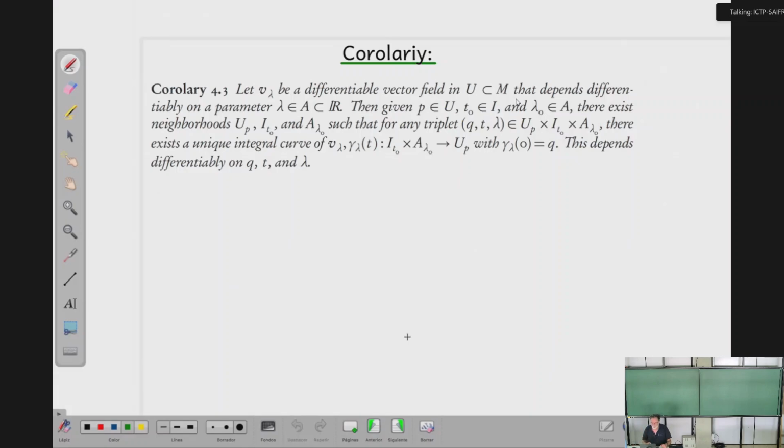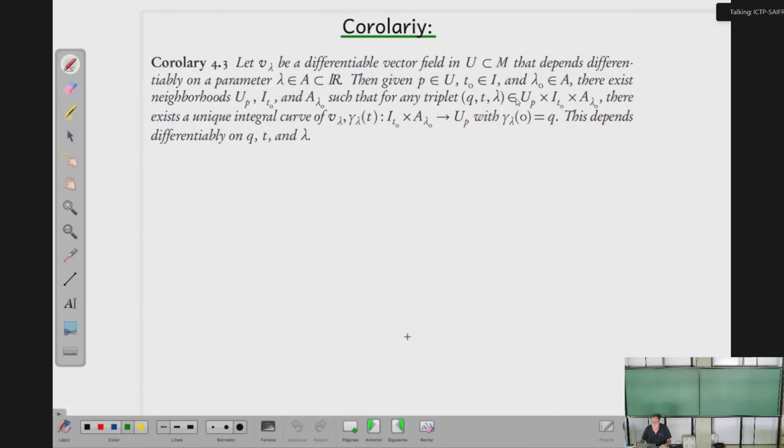And here we have another corollary that is important. The one before was in some sense a corollary also. And this says, okay, suppose we have now a one parameter family of vector fields. So this F not only depends on U, but on some coordinate lambda, some other parameter.